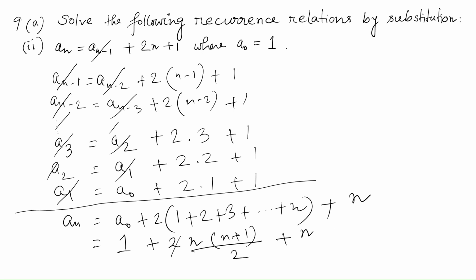Here 2 cancelled. Then we'll have n square plus n plus n plus 1. So this is n plus 1 whole square. This is the required answer.